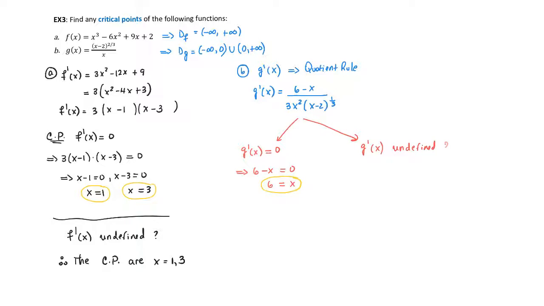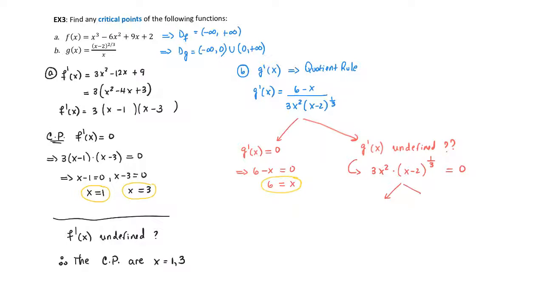Because that derivative has a denominator with variables, there are such x values. If the denominator is equal to 0, then the derivative is going to be undefined. So the derivative will be undefined when 3x squared times (x minus 2) to the 1/3 is equal to 0.